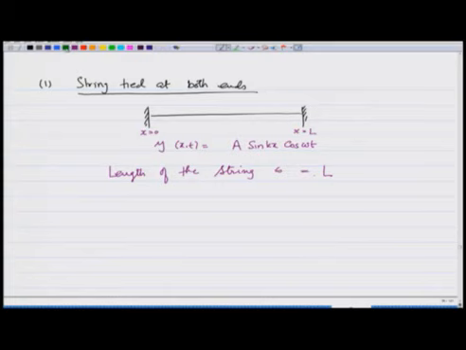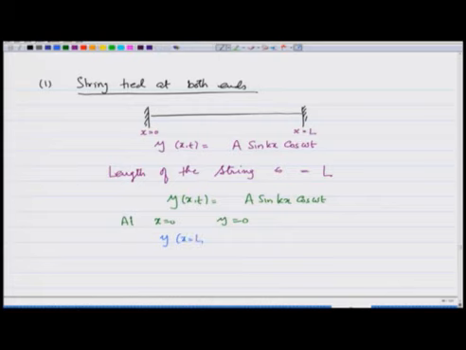So, when I take this displacement y(x, t) equals a sin kx cosine of omega t, at x equals 0, y is 0, which should be the case because that is what I want. Now, we also have that y at x equals L at any time should also be 0. Why?